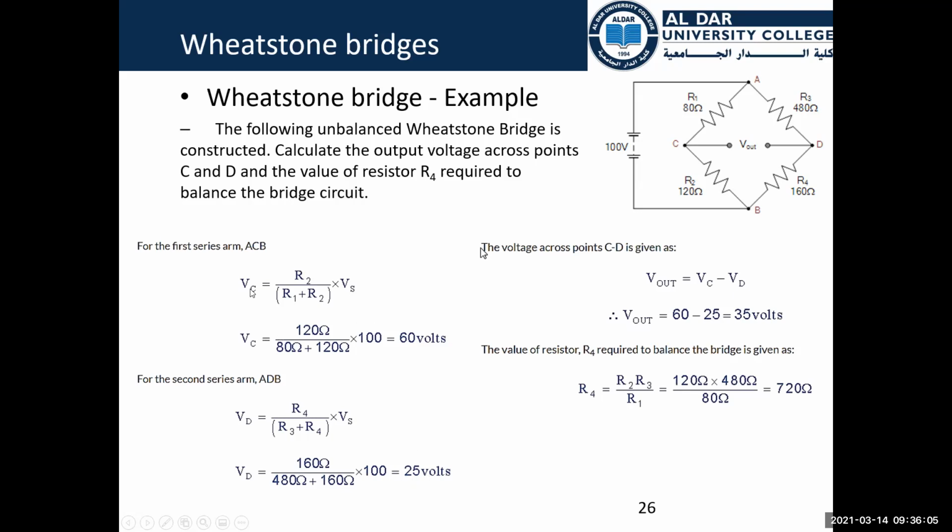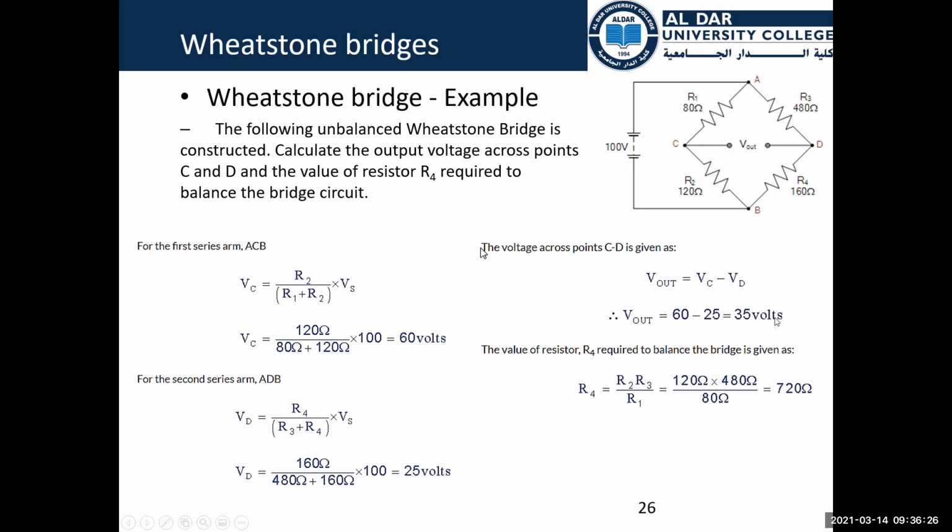The difference between VC and VD is V out, VC minus VD, which is 60 minus 25, which is 35 volts. Now I have the difference between C and D, which is not 0 now, it is 35.